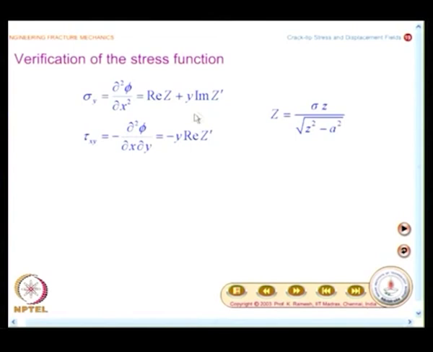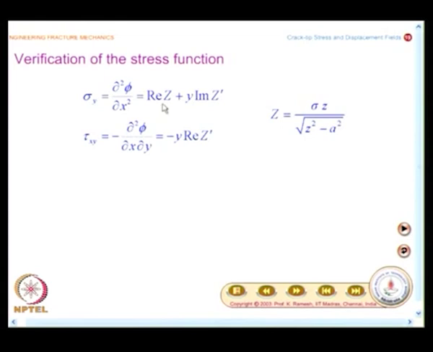And what you will have to look at, I have to find out what is sigma y on the crack faces, and this has two terms. The first term is real part of Z and the second term is y imaginary part of Z prime. On the crack face, y equal to 0, so the second term goes to 0. So, I will have to go and find out whether on the crack face real part of Z exists or not.